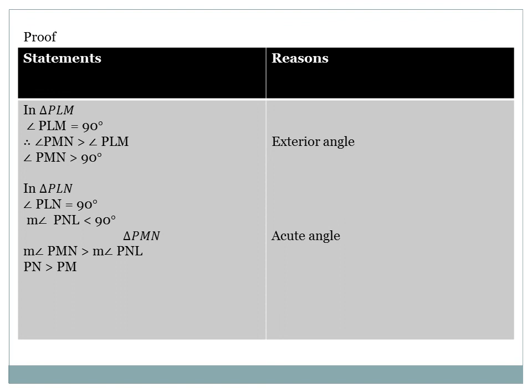So we can say that distance from P to N is greater than distance from P to M because the side opposite to the greater angle is greater, and the greater angle here is angle PMN and the opposite side of angle PMN is PN. So we can write it as PN is greater than PM.